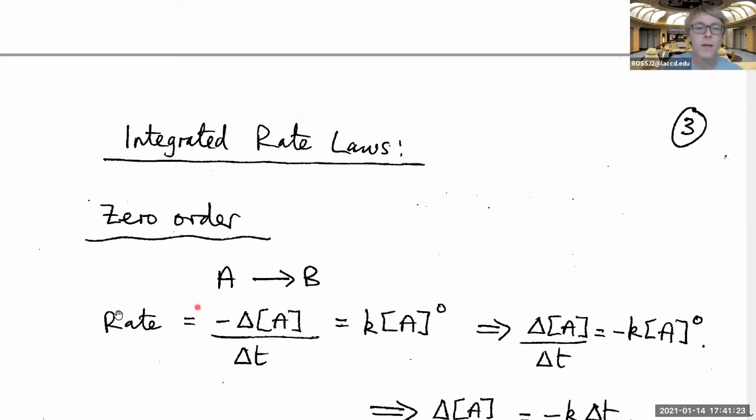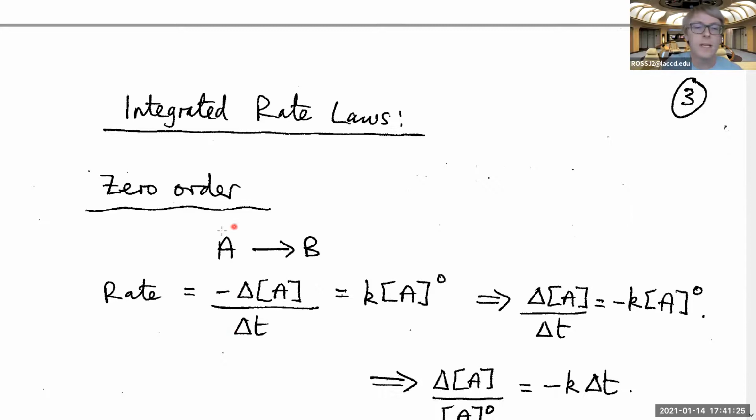So, okay, consider a reaction A gives B, a simple reaction. We know that the rate expression is the change in concentration of A per unit time, with 1 over delta t in the denominator, and a minus sign so that the negative change in concentration gives us a positive rate.